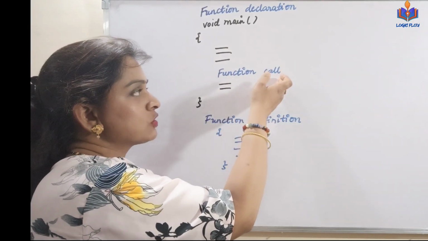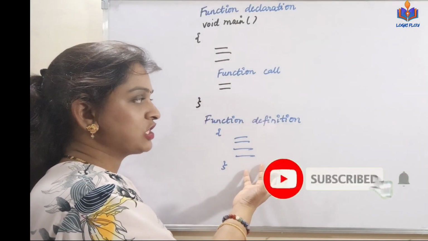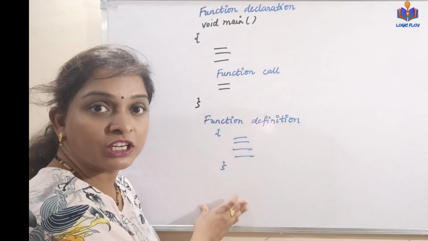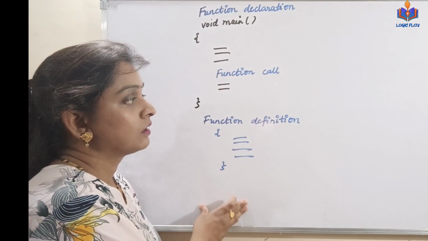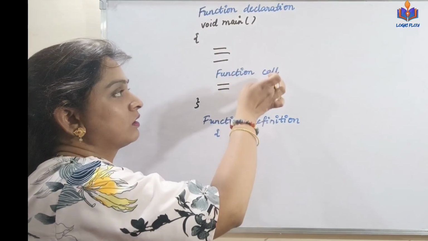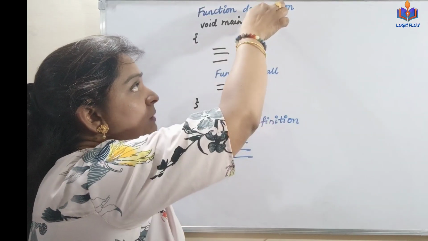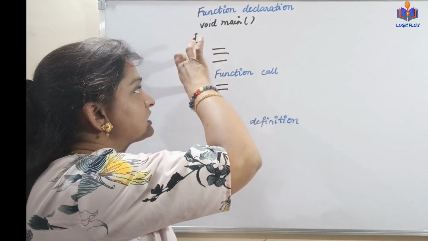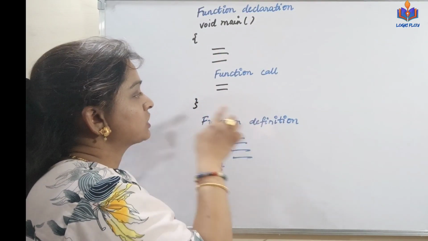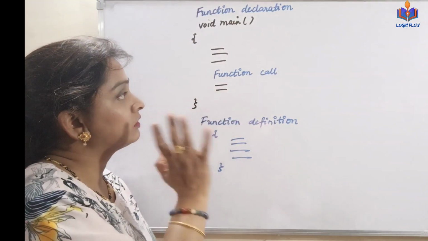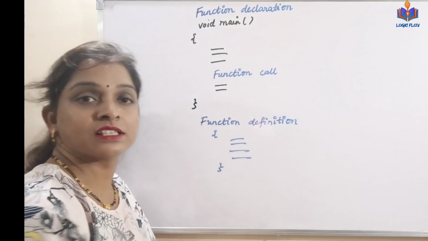When a function call is done, we should have the definition part. Outside the main function, we will have the function definition part. Declaration, call, definition. Declaration above the main, call inside the main, definition again outside the main. So here the three parts are placed like this.